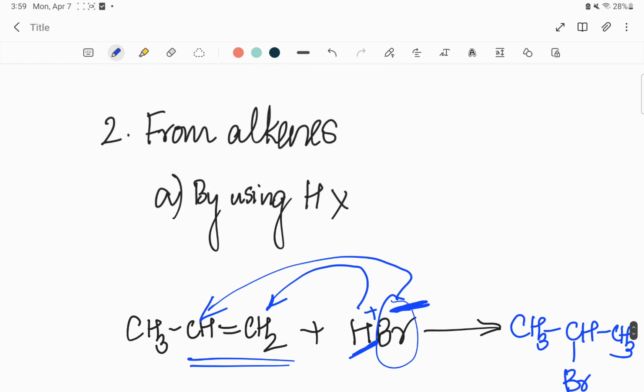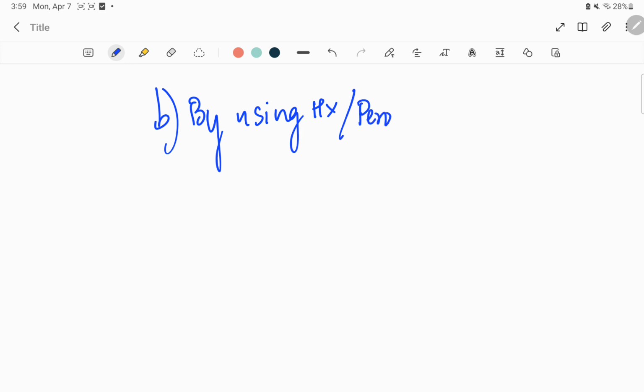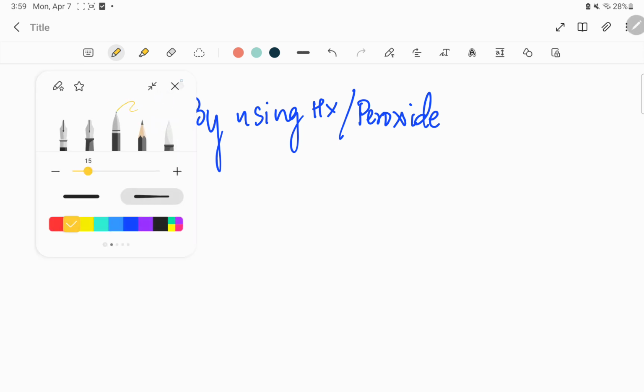Then the next kind of reaction is by using HX in presence of peroxide. So you have many kinds of peroxides like hydrogen peroxide or benzoyl peroxide and so on. So whatever peroxide is used, always this reaction follows anti-Markovnikov's rule, and this is known as Kharash effect or peroxide effect. You have already learnt this in grade 11.